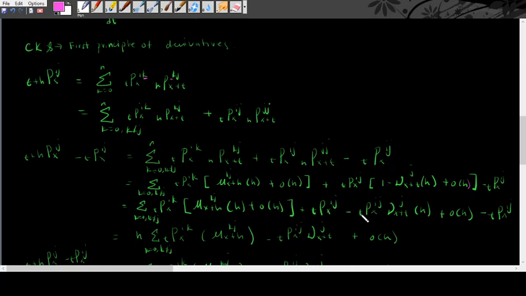So from here you see the tpxij here can cancel out with this one, so we are left with the rest of the function. When I have an o(h) function plus another o(h) function, it will become another o(h) function. So this o(h) plus this o(h), the summation of all of the o(h) will become this o(h).